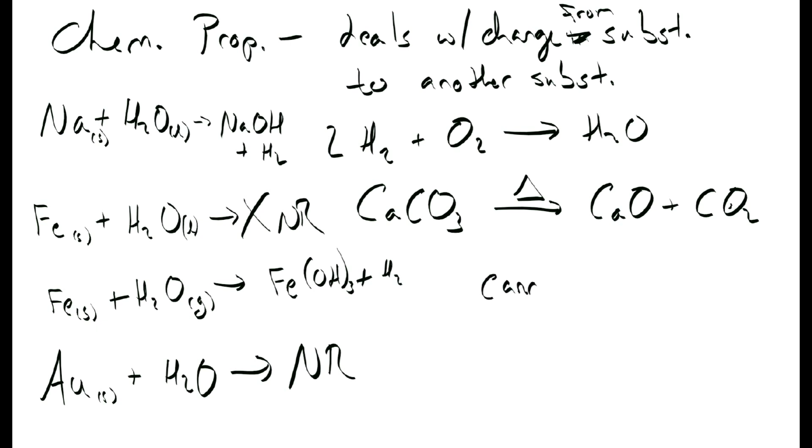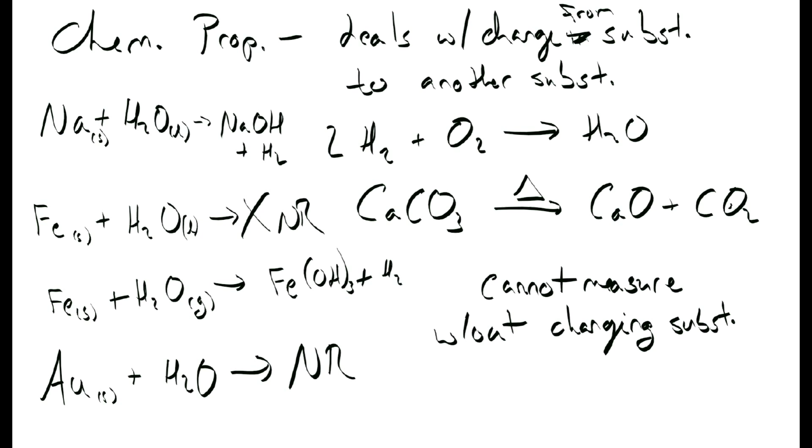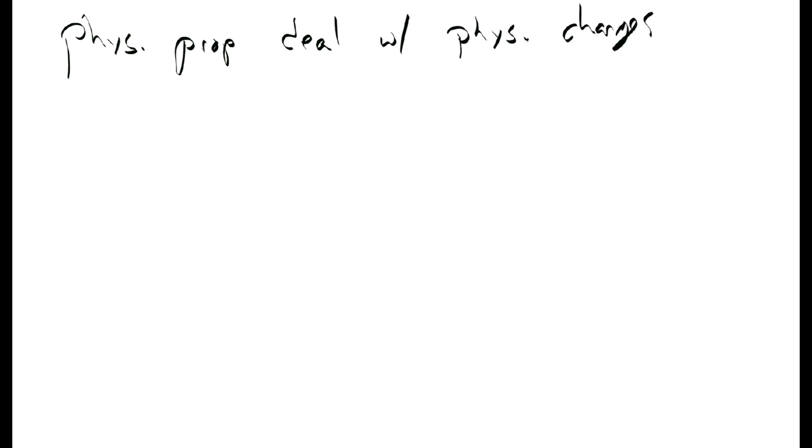So, you cannot measure without changing substance. Another way to look at this is that physical properties deal with physical changes within a substance without changing to a new substance.